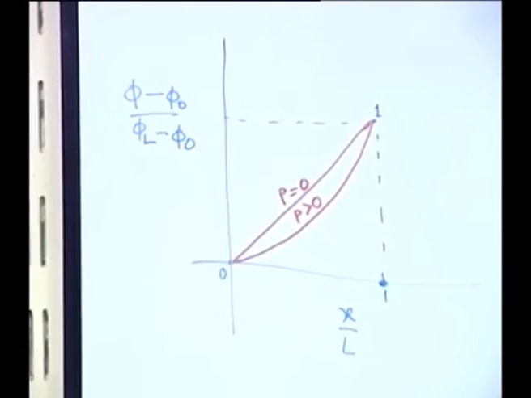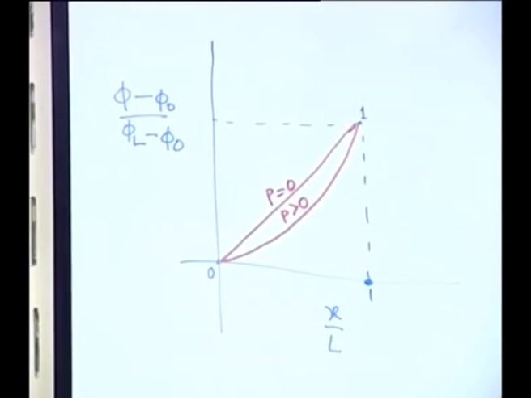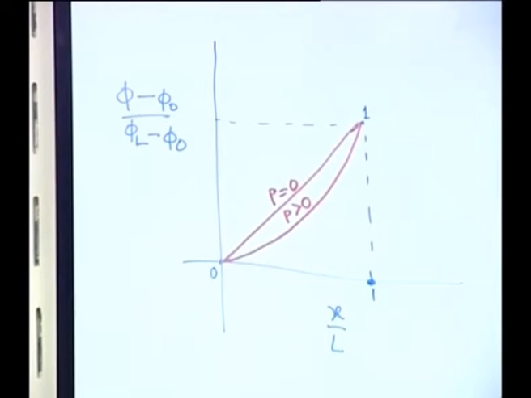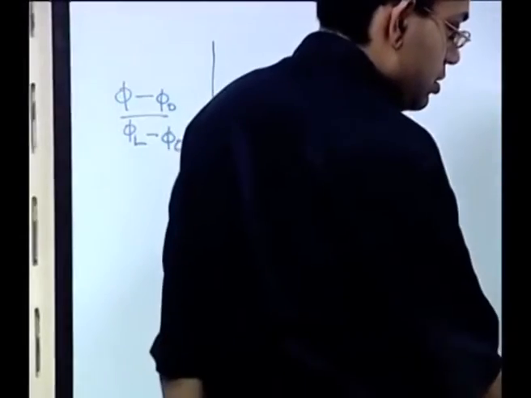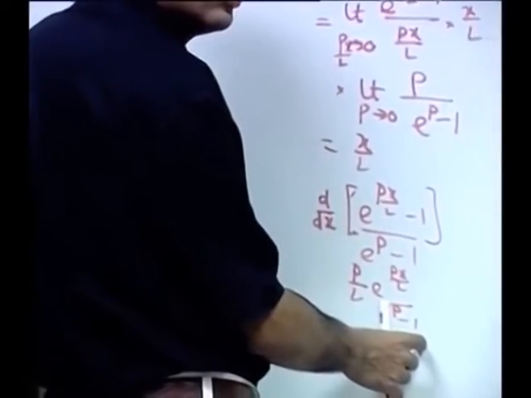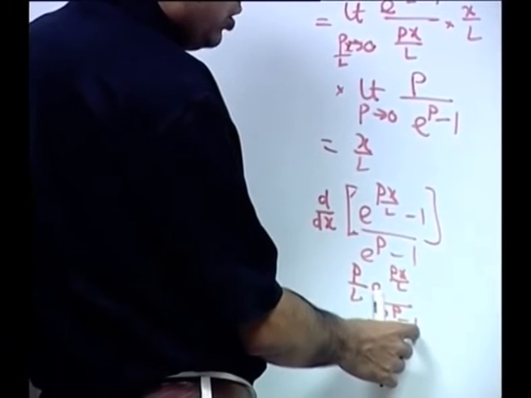If p is less than 0, on the other hand, the denominator, what will be the denominator?